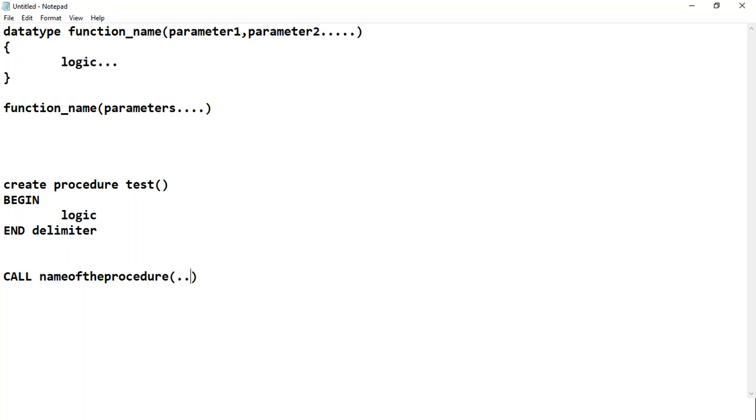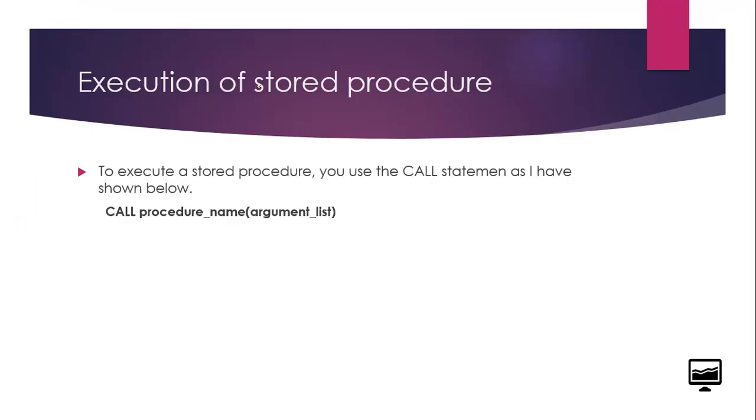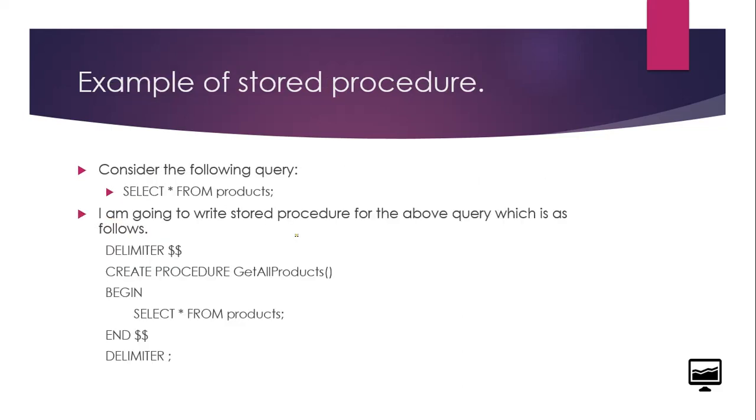If the procedure requires any parameter, then you have to specify it over here. It ends with a semicolon. You can see over here, call is fixed. Then you specify the procedure name, then the argument list. I hope you get the basic syntax of the stored procedure as well as how to call a stored procedure.